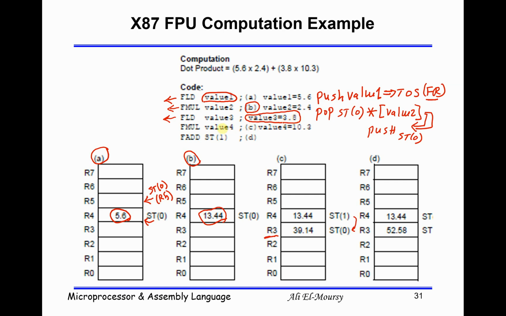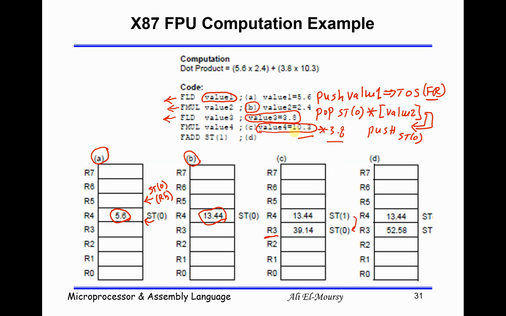Then in the next instruction, I will do another fmul. Fmul will do the same thing: the value 10.3 will be multiplied by ST0, which is the value 3.8. This will be popped, multiplied, and then pushed back.